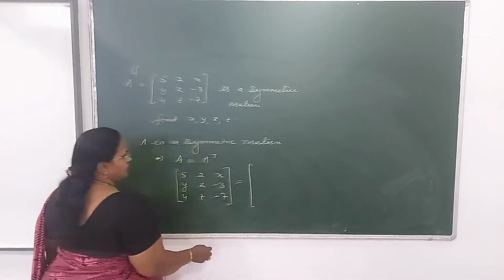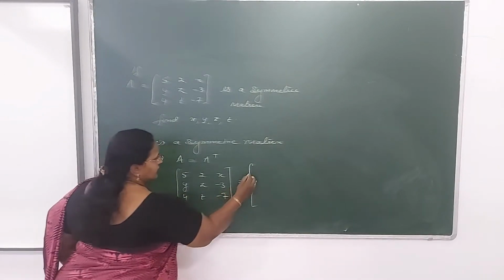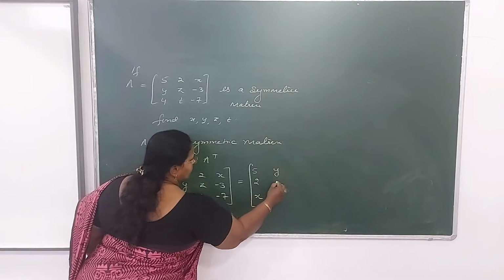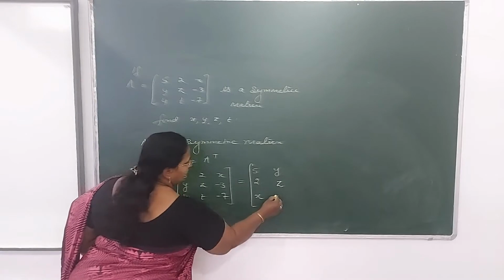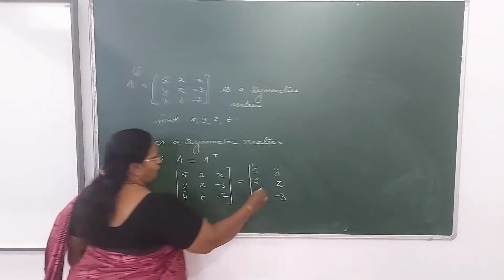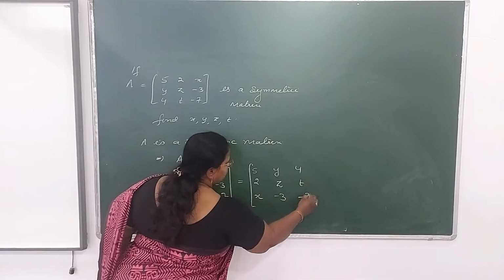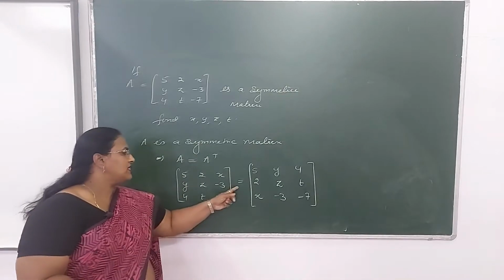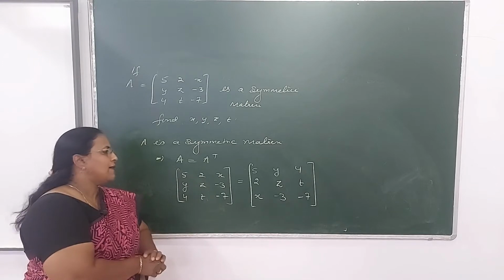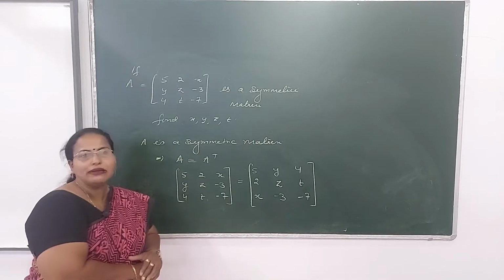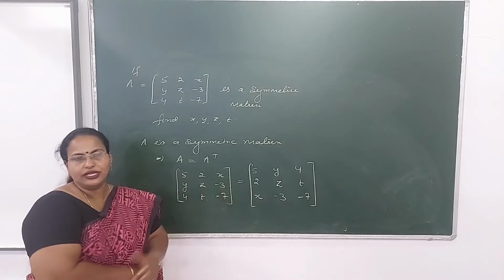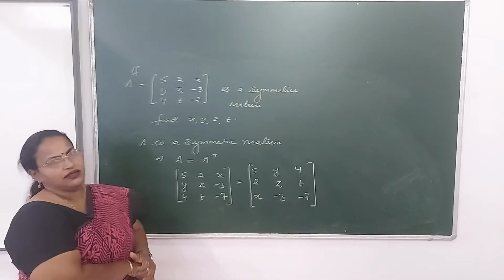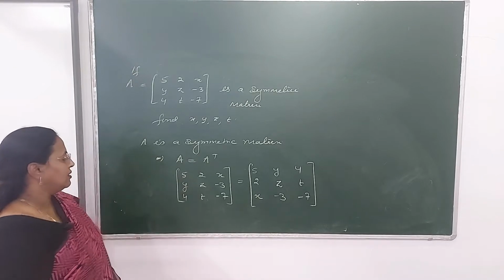Write down the transpose of this. So, it's 5, 2, x; y, z, minus 3; 4, t, minus 7. Now, in between the equal sign is there. So, you will be applying the concept of equal matrices, compare the entries, get the value of x, y, z and t. So, let us do it.